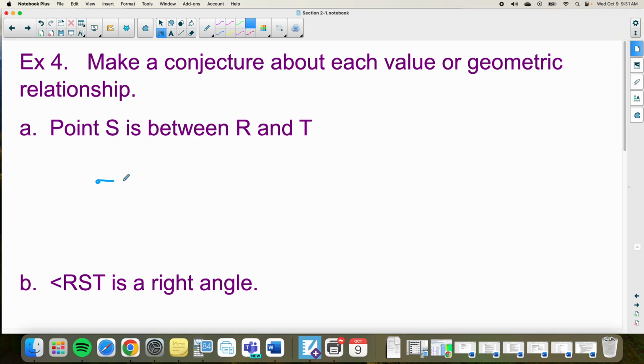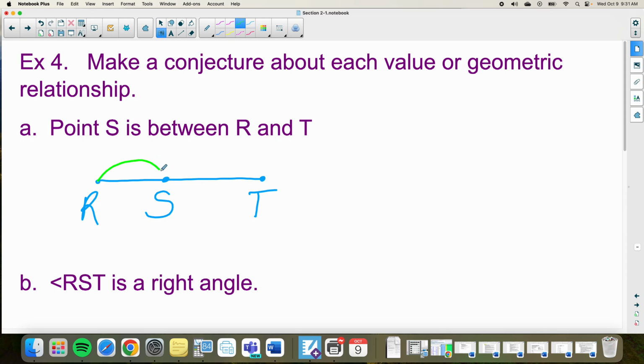So this tells us point S is between R and T. Okay? When you do this, one of the things you could say is R, S, and T are what? Collinear, right?